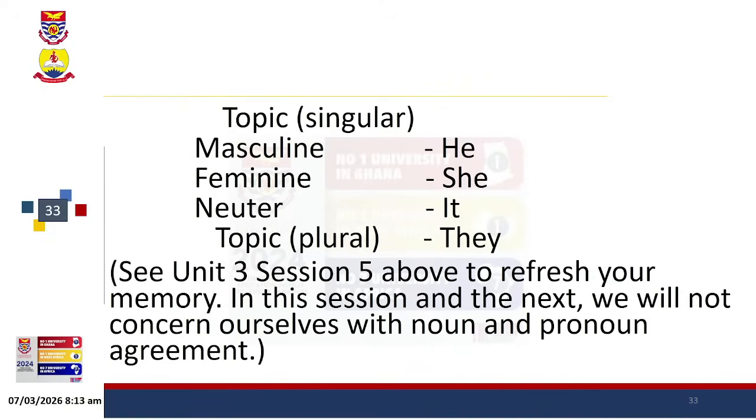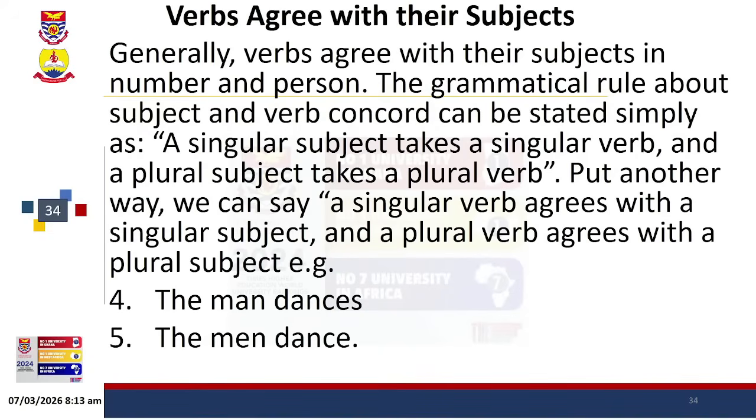They are neither masculine nor feminine. Okay, good. You would have to go back to Unit 3, Session 5 to refresh your memory on some of these things we are talking about. So here we are paying attention to verbs and how they agree with their subjects.